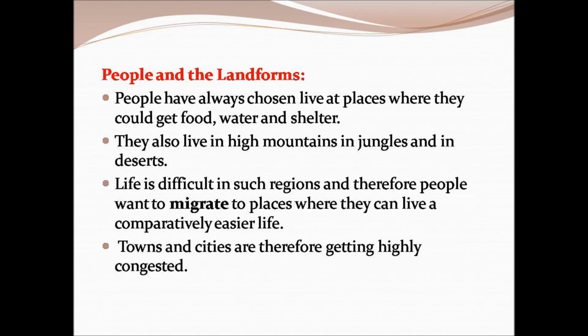People and the landforms. People have always chosen to live at places where they get food, water, and shelter. That is, people like to live in places where their basic necessities are satisfied. They also live in high mountains, in jungles, and in deserts. Life in those regions is very difficult.